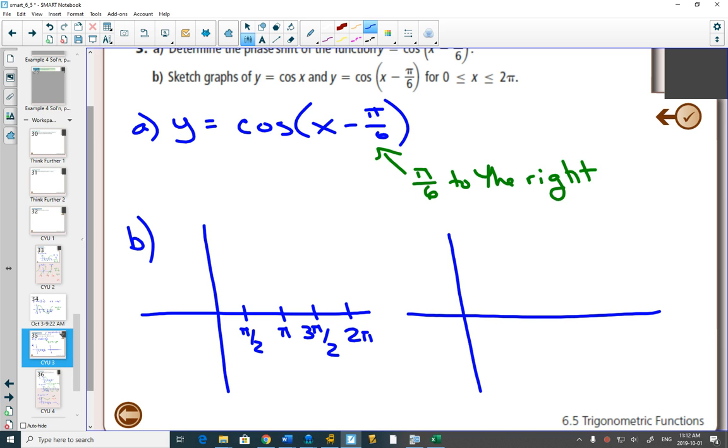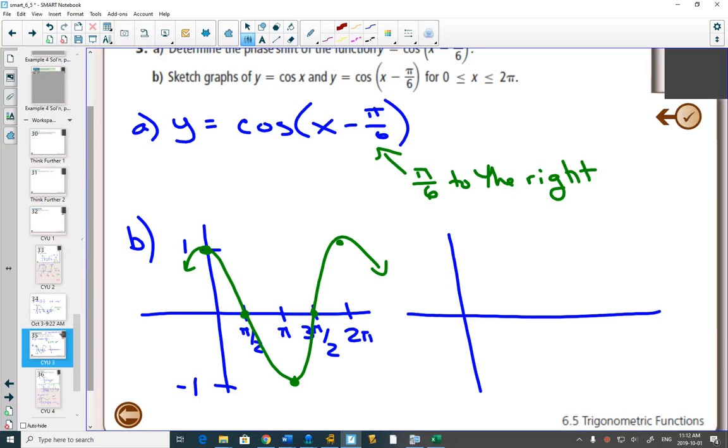Pi over 2, pi, 3 pi over 2, and 2 pi. It goes from -1 to 1. And our cos graph starts at a maximum, then to your center line, then your minimum, then your center line, back to your maximum. There's our cos graph.